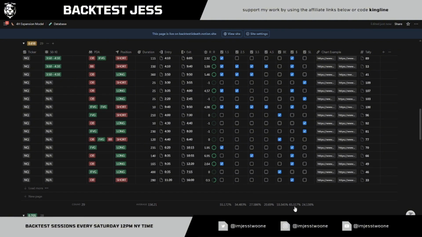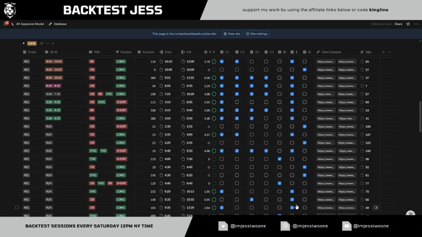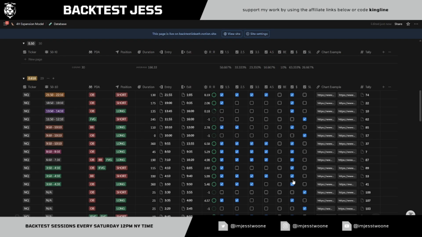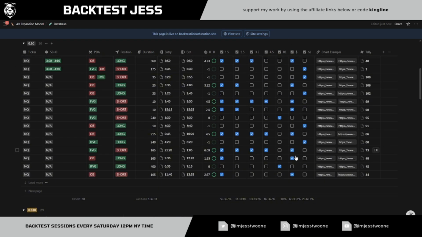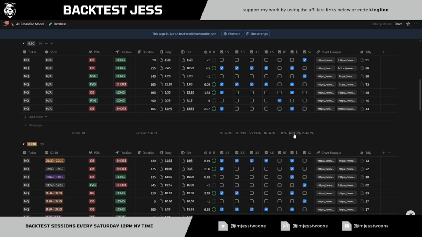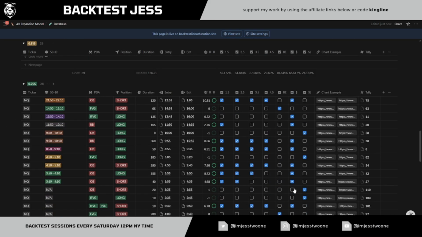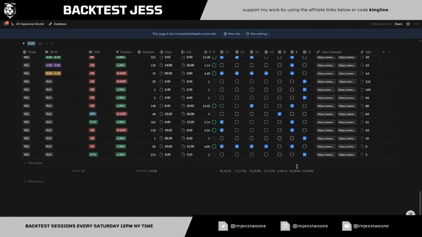OTE 0.618, which is your golden pocket retracement level across all disciplines of trading, 65% win rate, the highest one. And then the 0.5 retracement level, also around 60, but 63. So 0.618 is the golden pocket for a reason.